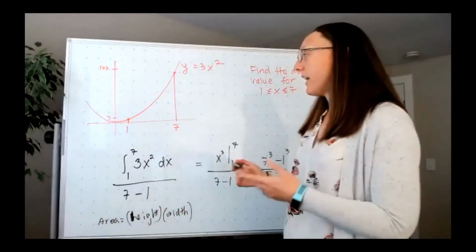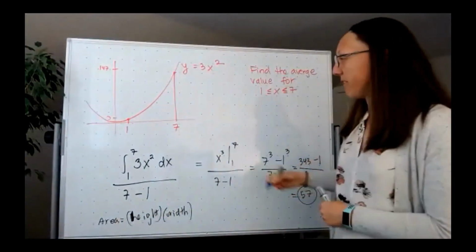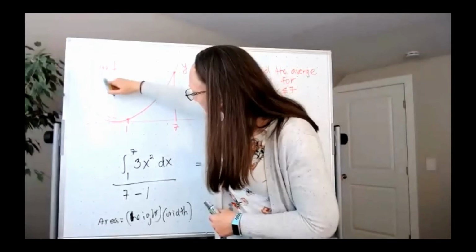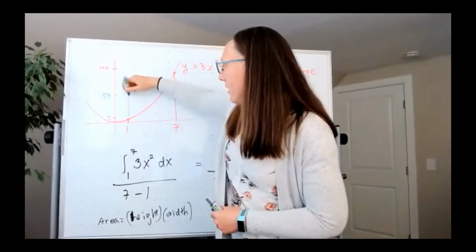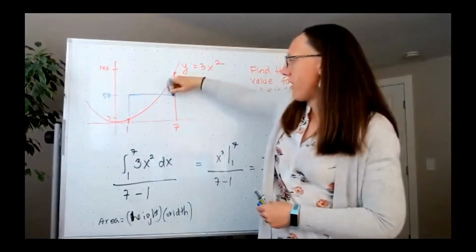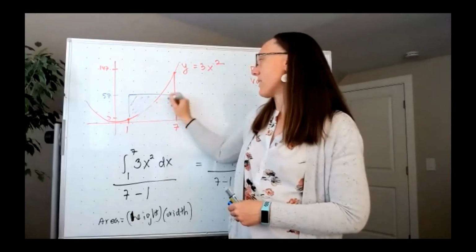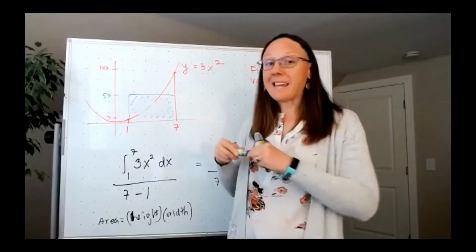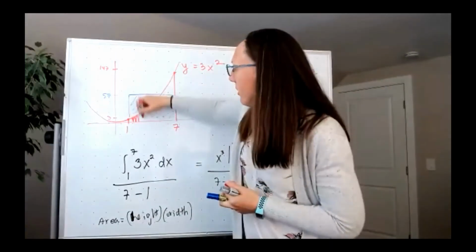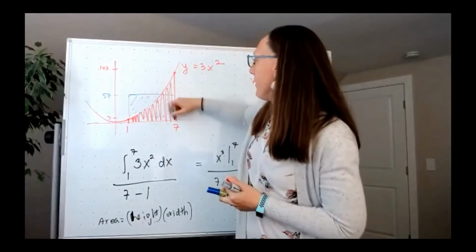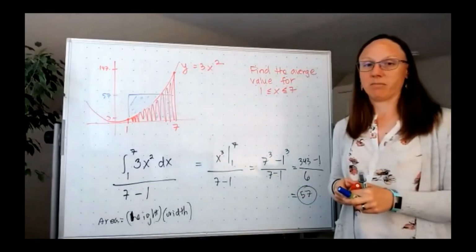So if I were to draw in a rectangle with a height of 57, on that width from 1 to 7, then the area under this rectangle would be equal to the area under the curve on that interval from 1 to 7.